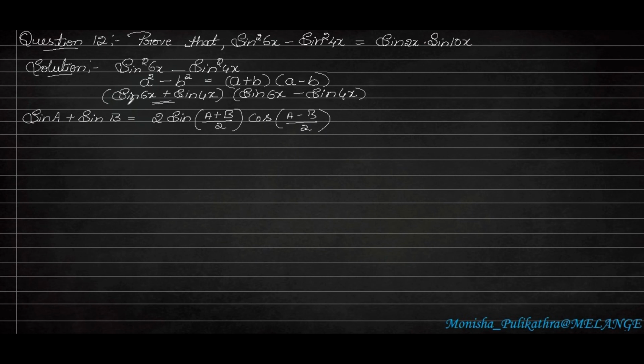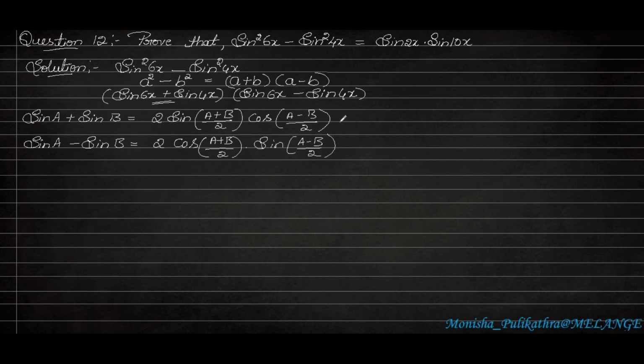Next, another formula is sin a minus sin b, which is equal to 2 cos. So first we have to introduce cos here. If it is sin a minus sin b, first we have to introduce cos. If it is sin a plus sin b, then we have to introduce sin here. Okay. So 2 cos (a plus b) by 2 into sin (a minus b) by 2.